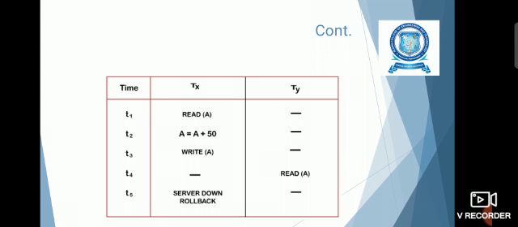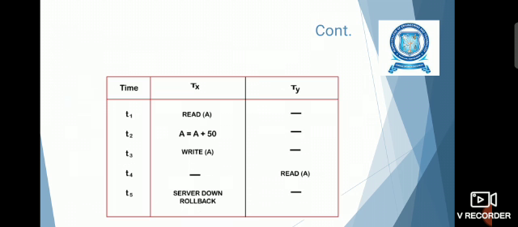At time T4, another transaction Ty reads the account value A. But at time T5, due to a problem faced by the transaction Tx, such as a server down problem, the transaction Tx is rolled back.